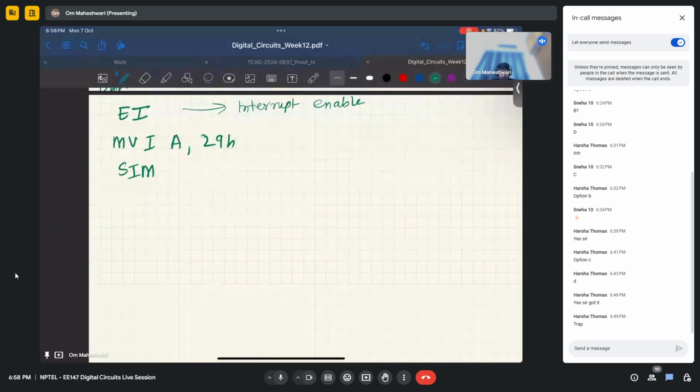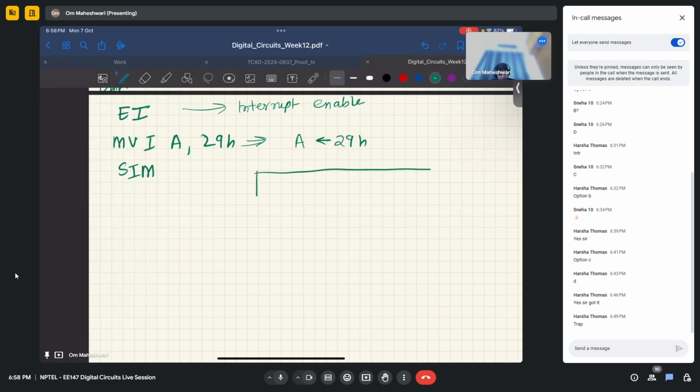Then we have MVI A, 29H. That means you are storing 29H in your accumulator, right? And what is 29H? If I make the accumulator again, 29 will be 0010 and 9 is 1001, right?